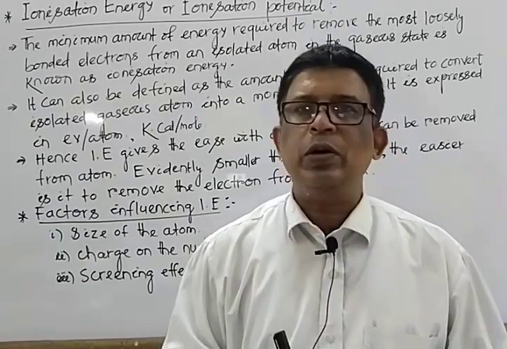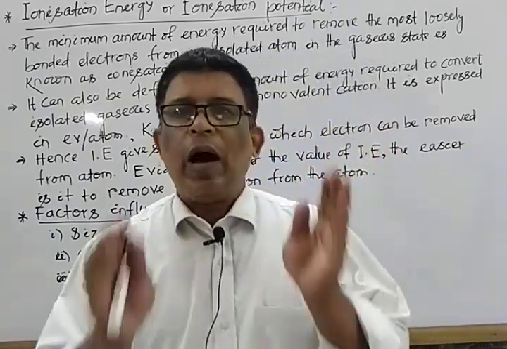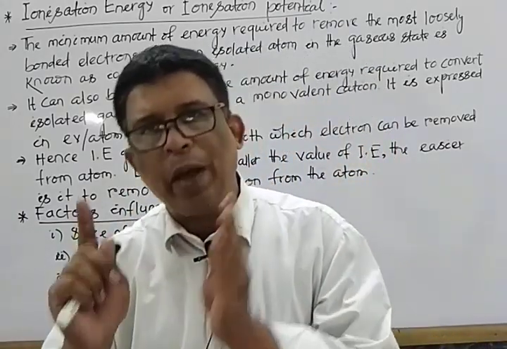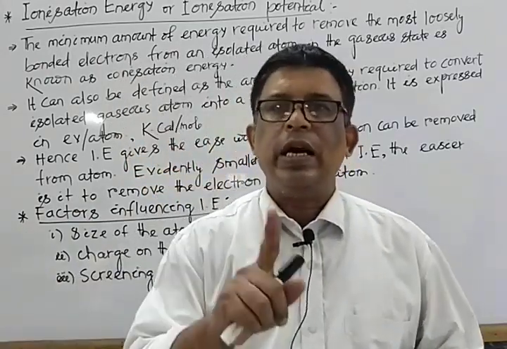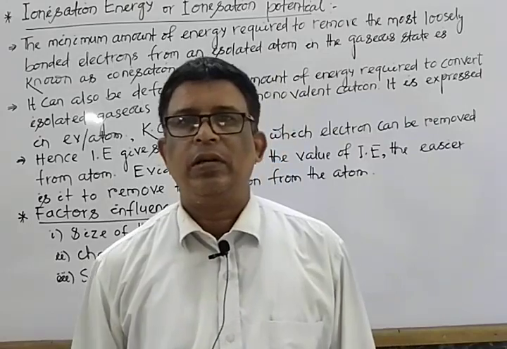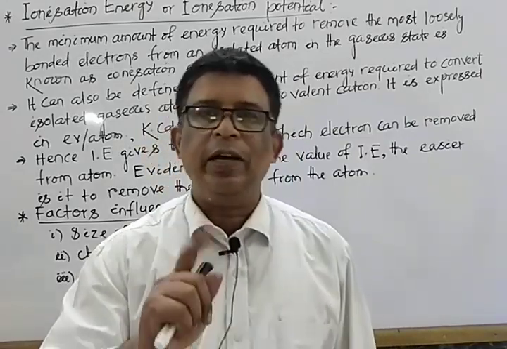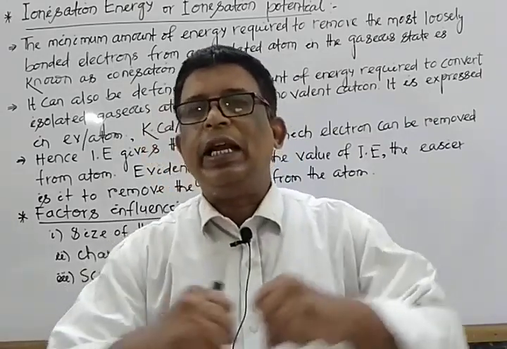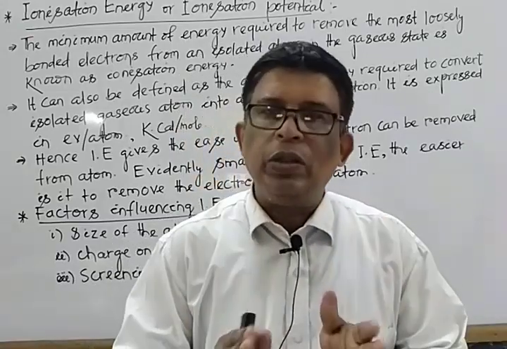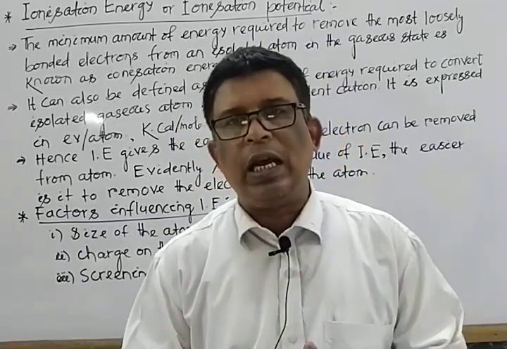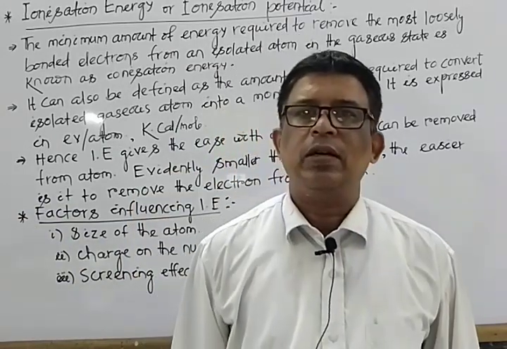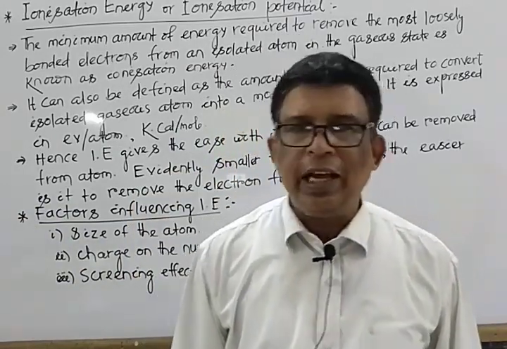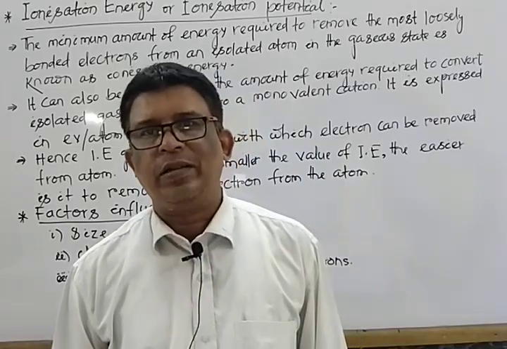As a result, in this case, the actual attractive force felt by the valence electron due to the nucleus is disturbed. That is known as the shielding effect. Due to the inter-electronic repulsion between the electrons present between the shells, the attractive force somewhat decreases, which is known as the shielding effect or screening effect.